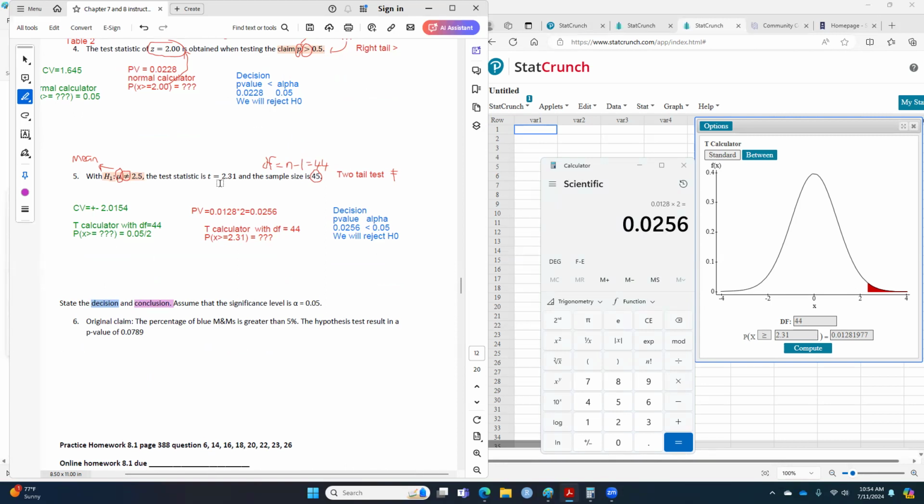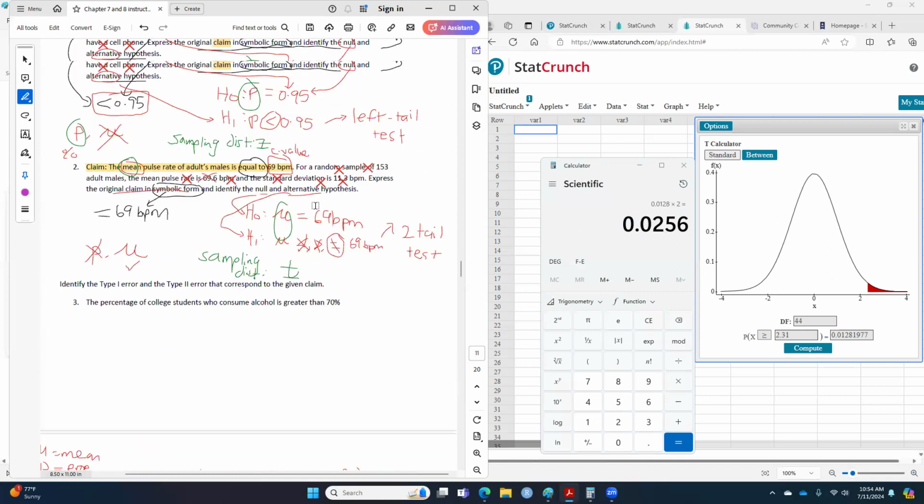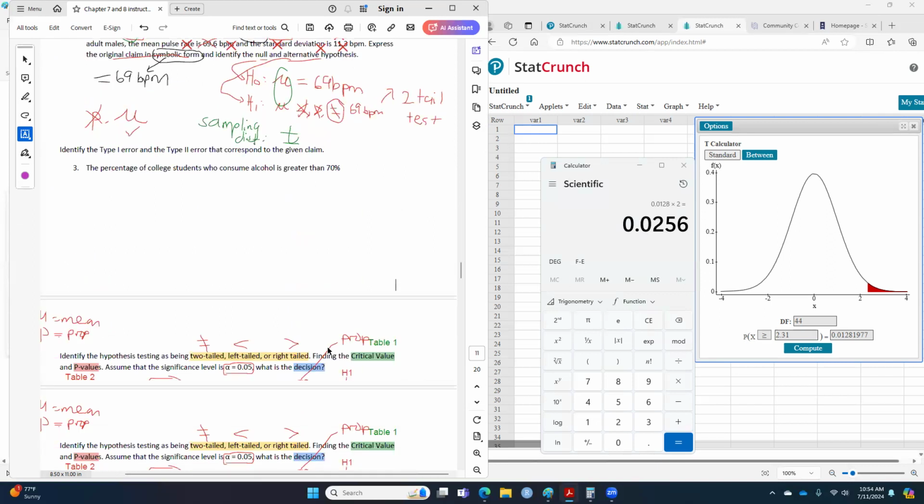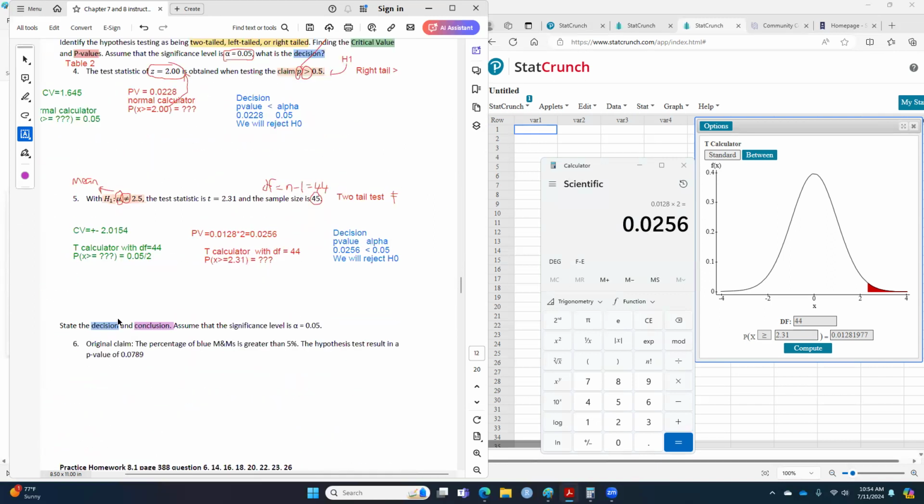That is the decision. Conclusion is that 1, 2, 3, 4. If you remember table 3, 1, 2, 3, 4 here, that is the conclusion we are talking about. I will show you how to figure this out, so please pay attention. For the conclusion, you're going to use table number 3.